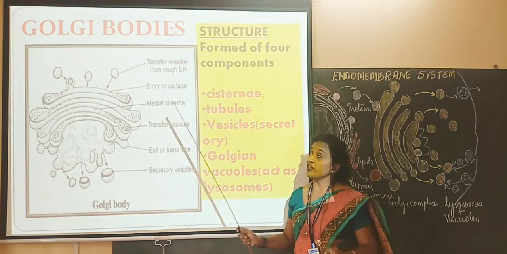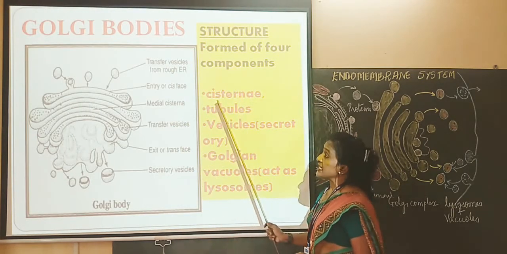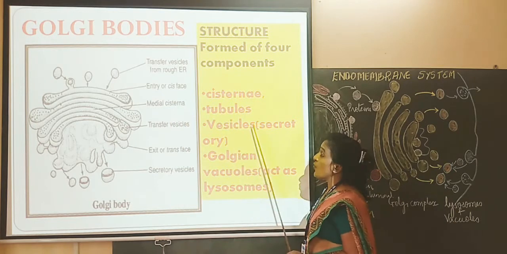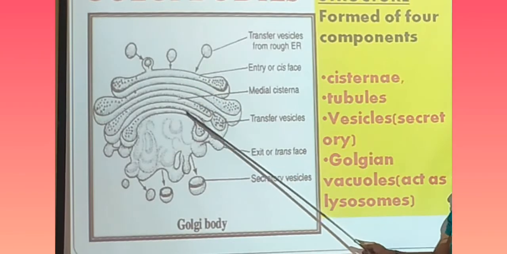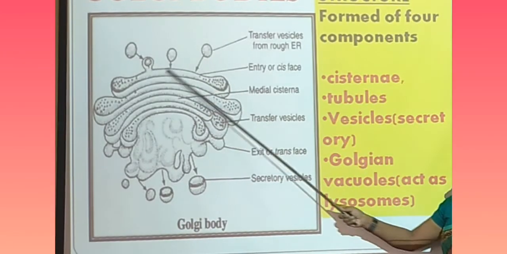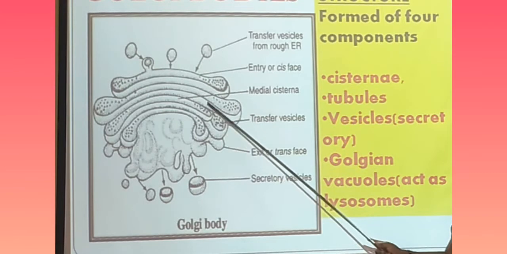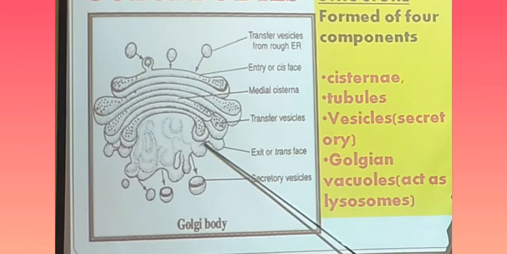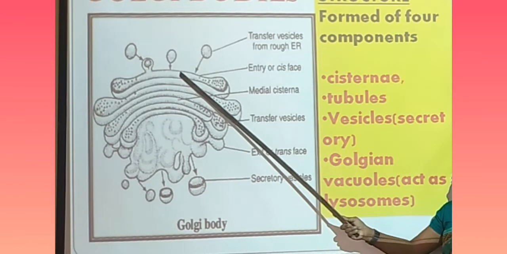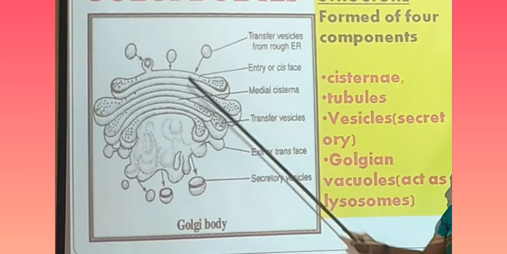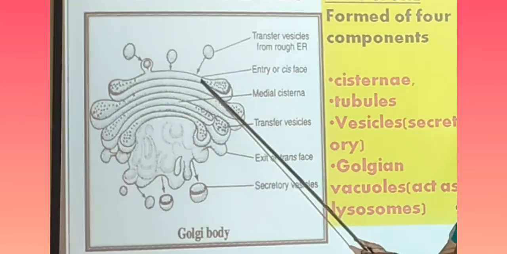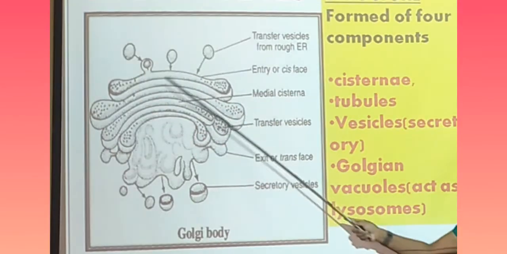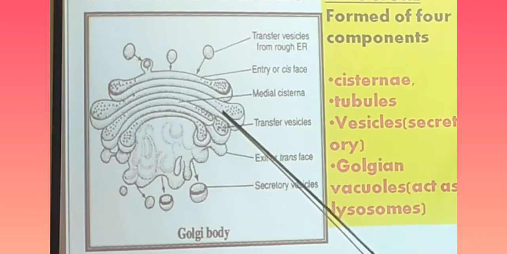The Golgi bodies have four components: cisternae, tubules, vesicles and Golgian vacuole. These are the cisternae, that is the cis-cisternae, medial cisternae and trans-cisternae. We call these cis-cisternae as entry cisternae and trans-cisternae as exit cisternae. We see that these cisternae are like shallow bowls, right?